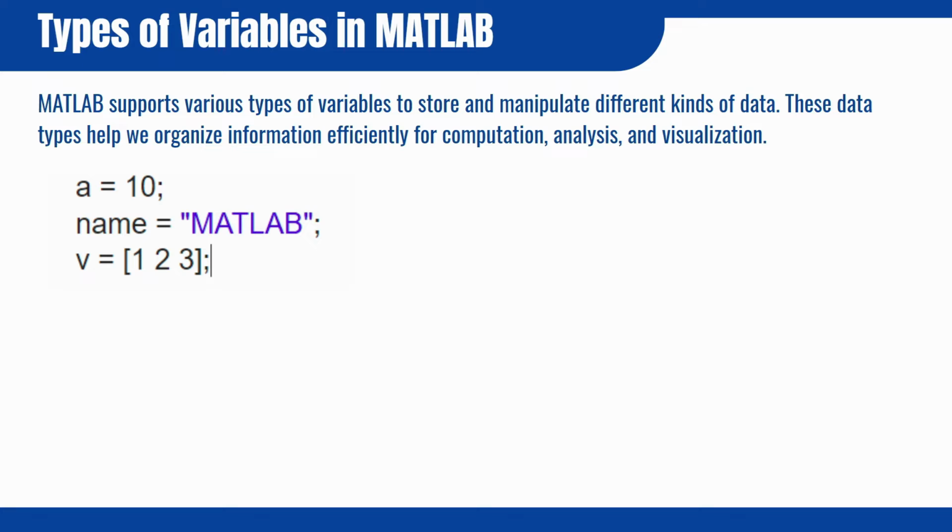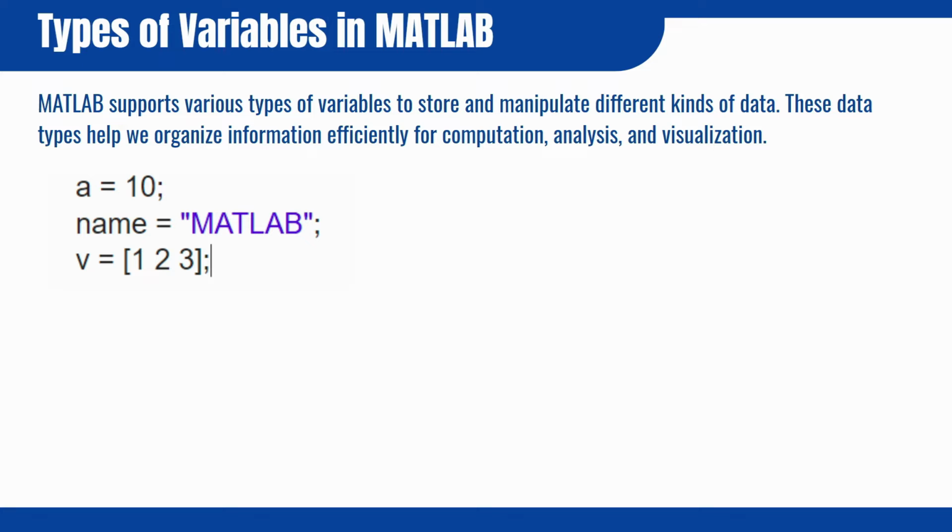Here you can see that A is equal to 10. A is the variable and the equal sign is used to assign the value 10 to the variable A. So when we use the first statement A = 10, it means we have assigned the number 10 to the variable A. In the second statement, you can see name = 'MATLAB'.